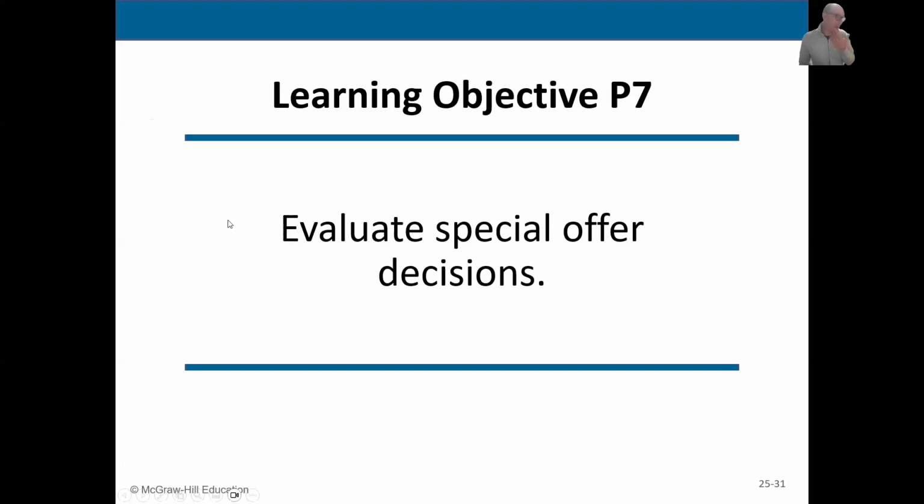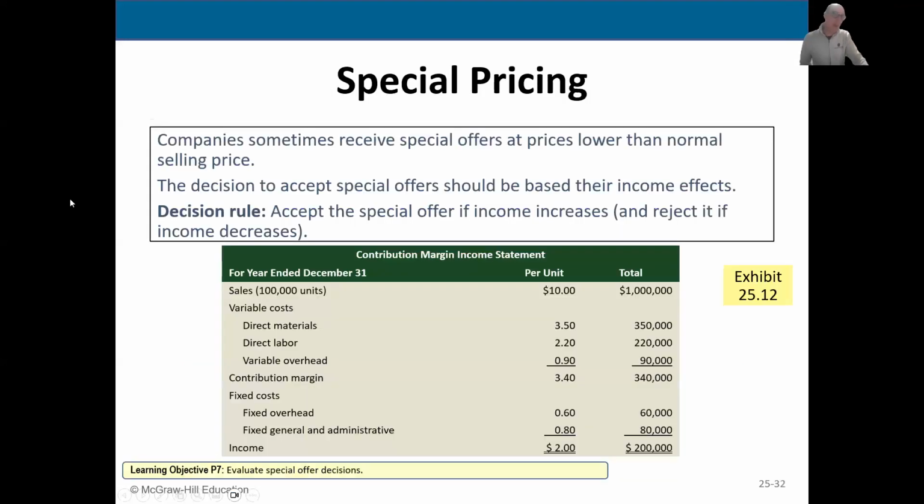One of the last things to consider is what we call special pricing. Sometimes companies would set special prices that are lower than the normal prices in order to attract more sales. Example of this would be putting it on sale, put it on clearance, on discount, whatever you want to call it. The decision to accept special offers is based off of the income effect.